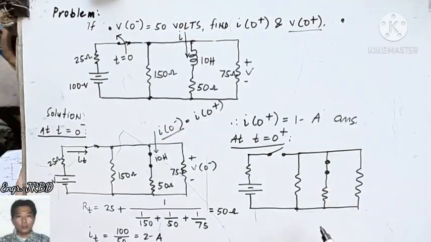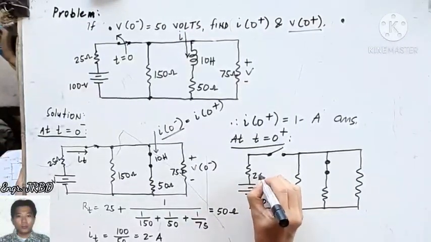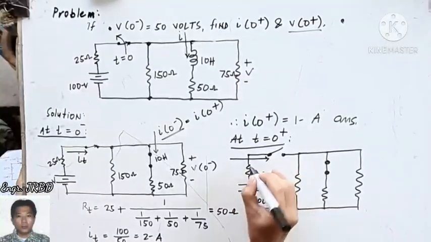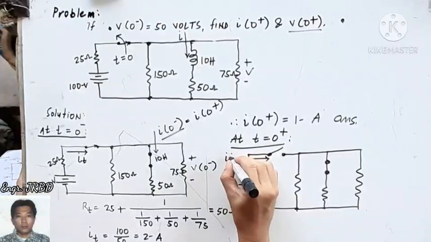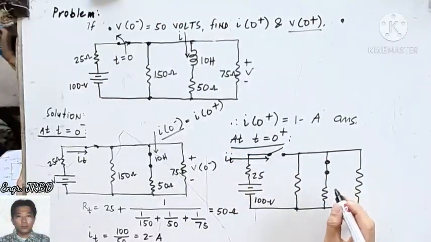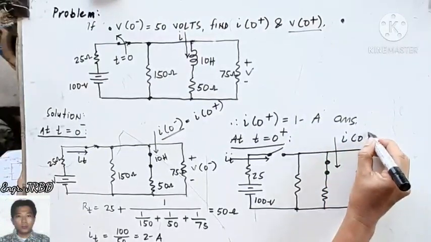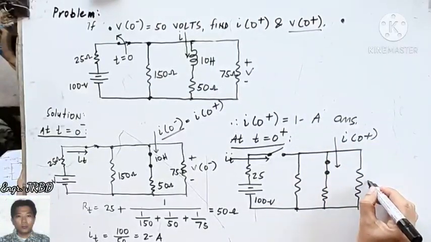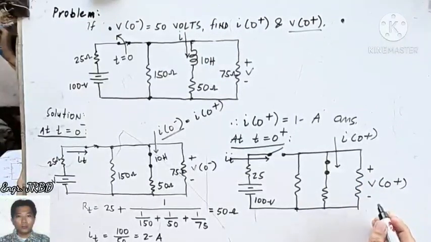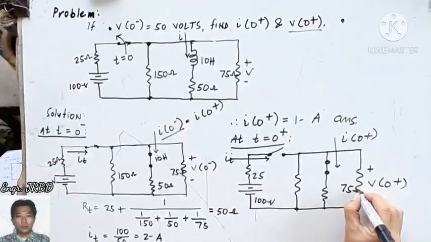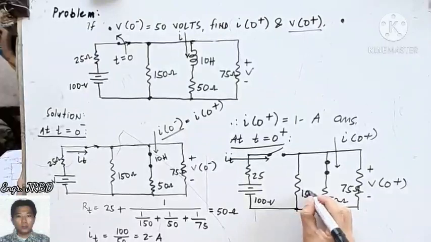This is 125, this is your total current. The current here is your I at time t = 0 positive. This is your V at time t = 0 positive, across your 75 ohms, 50, and 150 ohms.